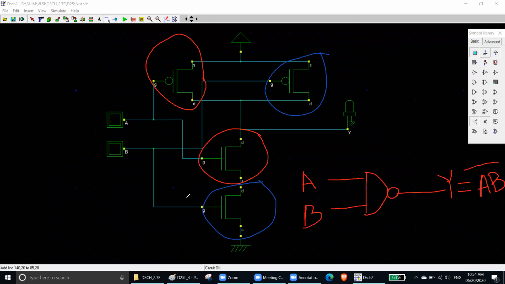For another input, you need another pair, another CMOS, one NMOS, one PMOS. So for two inputs, you need two PMOS and two NMOS, and your output will always be one, because we know the gates have only one output. We know it already. So let's see how they work.